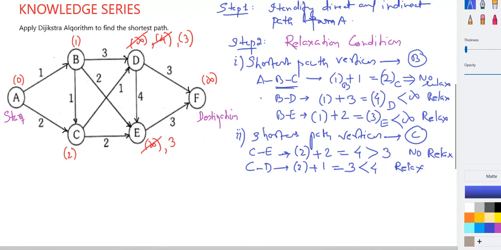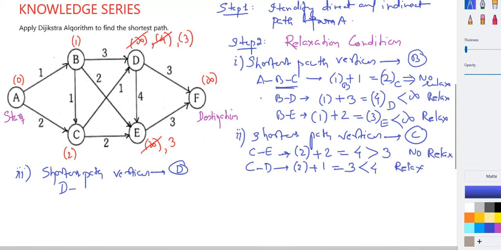Now C is over, B is over. Now we have D, E and F. We have seen D is 3 and E is also 3. So let us consider the third step, where we will consider the shortest path vertex. What is that? It is D. Under that condition, from D links are emerging out.